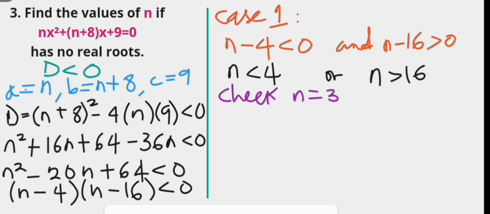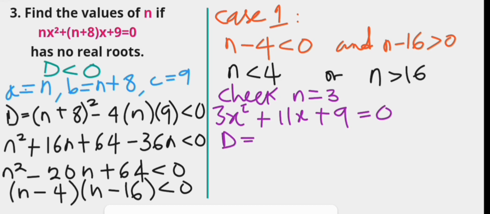So checking with n equals 3 in the original equation, the original equation becomes 3x squared plus n plus 8, that is 3 plus 8, that's 11x plus 9 equals 0. Now applying the discriminant on this again, we have the discriminant D to be 11 squared minus 4 times 3 times 9.